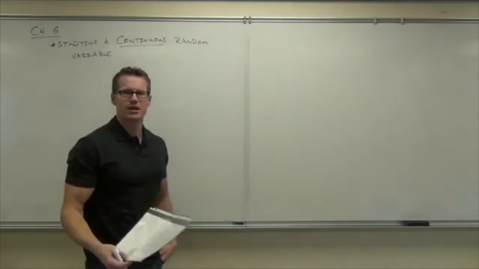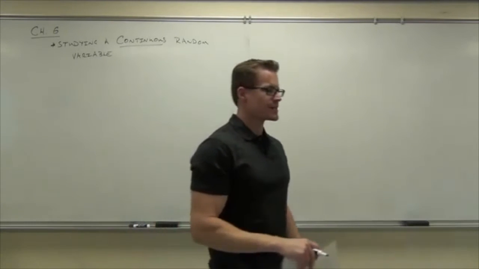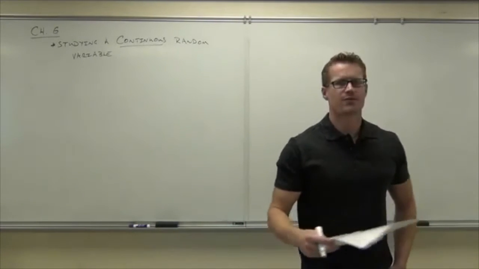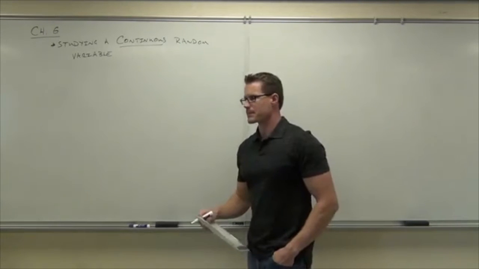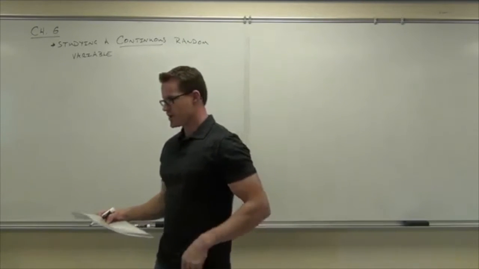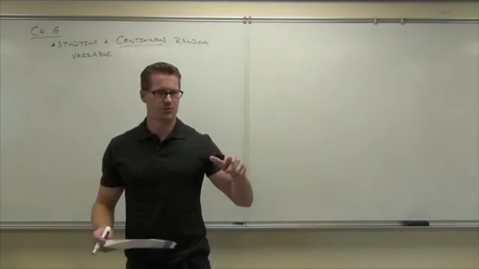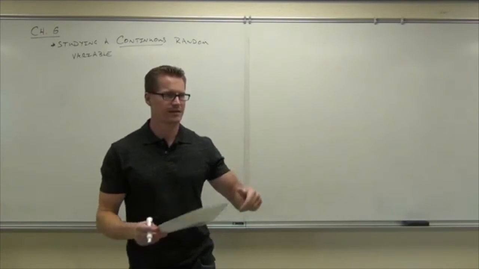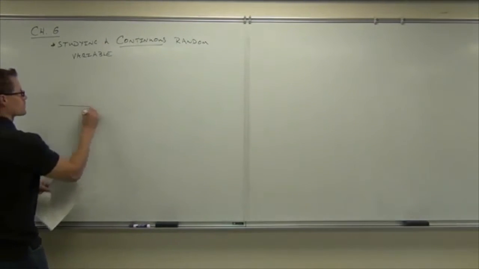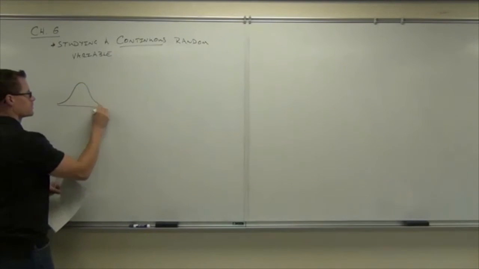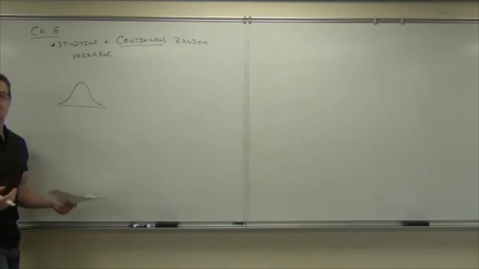First thing, before we get on into continuous random variables, if the continuous random variable has a symmetric bell-shaped curve, do you remember what the symmetric bell-shaped curve was called? Normal distribution. Called it normal, that's exactly right.